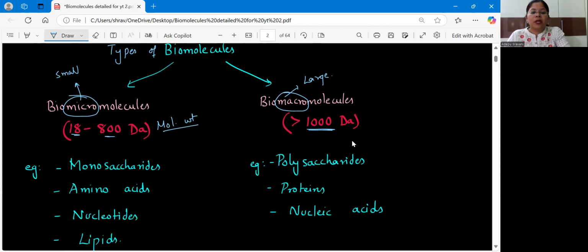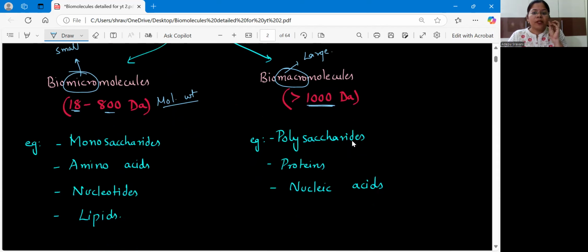Now coming to the examples. See, here you have to apply certain logic. Whatever polymers we see, for example, the polysaccharides, then we have proteins, nucleic acids. All these are the polymers. Polymers are nothing but chains of monomers.